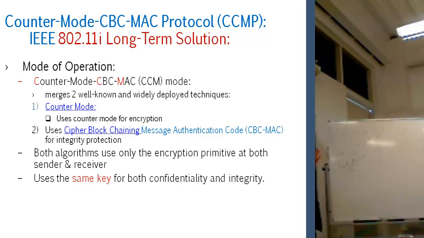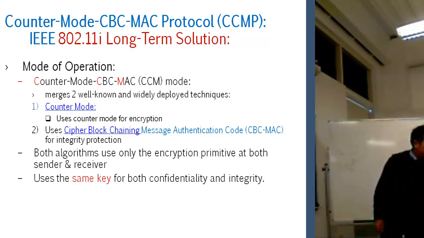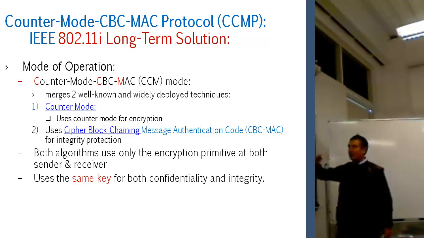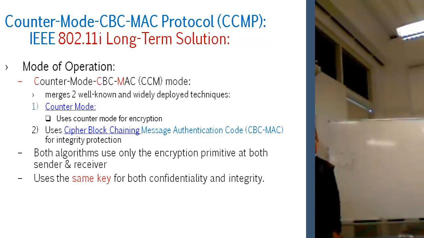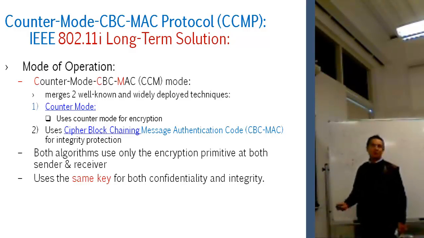So that is the idea behind the counter mode. You can do encryption faster. It is quite fast. If you go and click on that link, you will see the actual diagram of the counter mode. So they use counter mode for encryption.